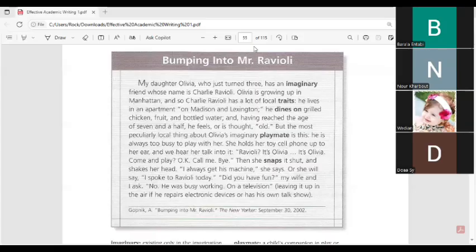She holds her toy cell phone up to her ear, and we hear her talk into it. Ravioli, it's Olivia. Come and play. Okay, call me. Bye. Then she snaps it shut and shakes her head. I always get his machine, she says, or she will say, I spoke to Ravioli today.